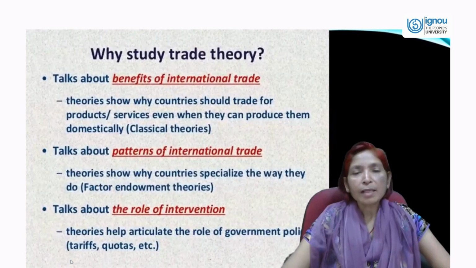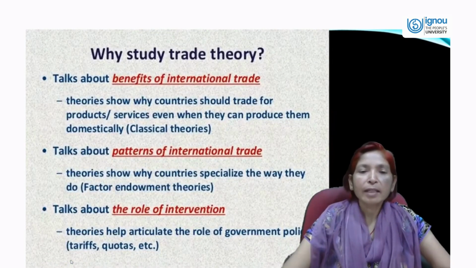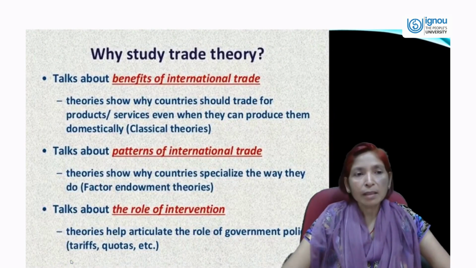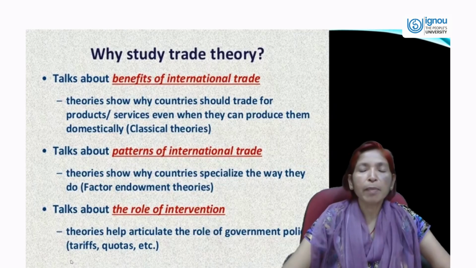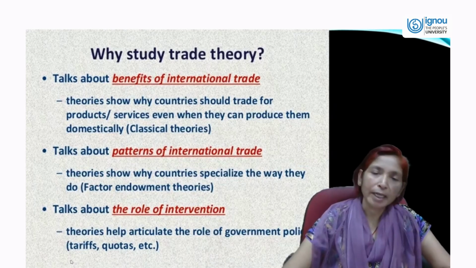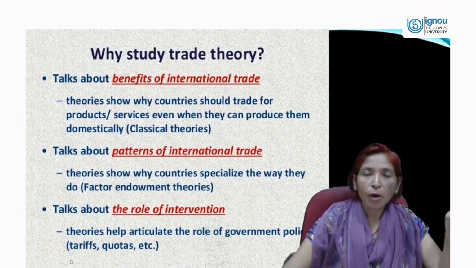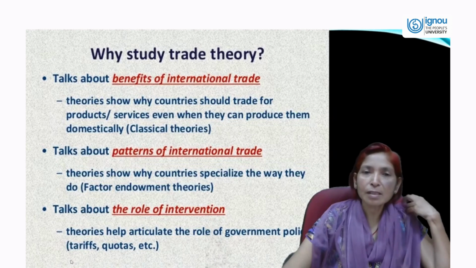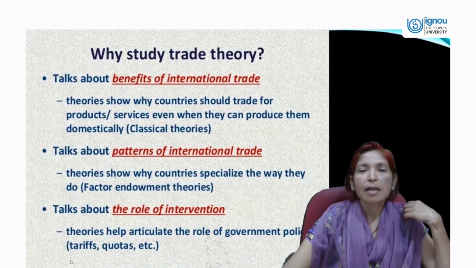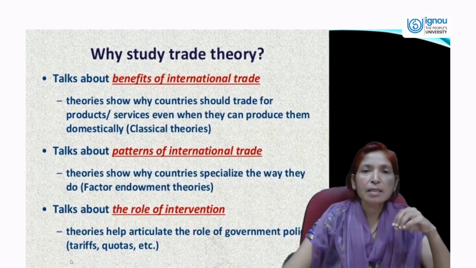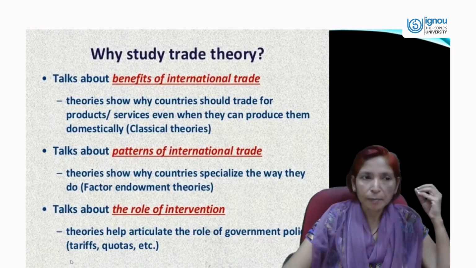Next is why we study this trade theory. This trade theory tells us about the benefit of international trade. We know that each producer wants to gain maximum profit. The main goal of the producer is to maximize profit and minimize the cost of production.